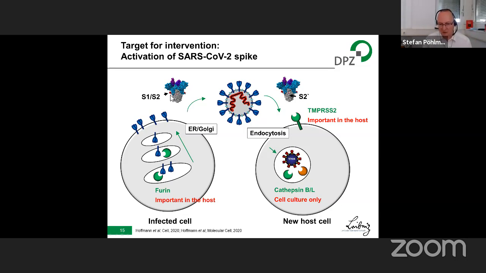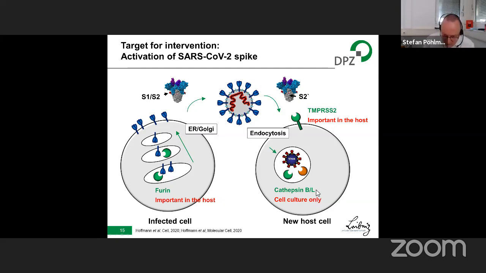That cleavage is absolutely essential for a second cleavage event, now occurring at the S2 prime site. And this cleavage event, which occurs during entry into lung cells, is carried out by a cellular serine protease with the unattractive name of TMPRSS2. And the dogma is that this is also absolutely essential for infection of lung cells in the host.